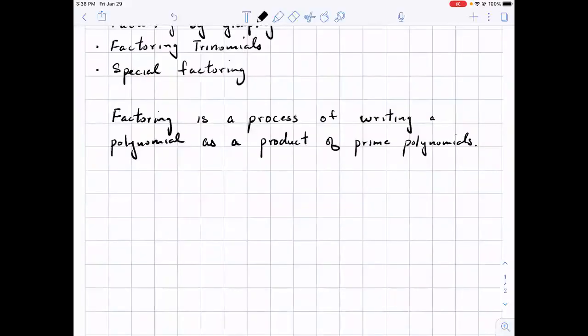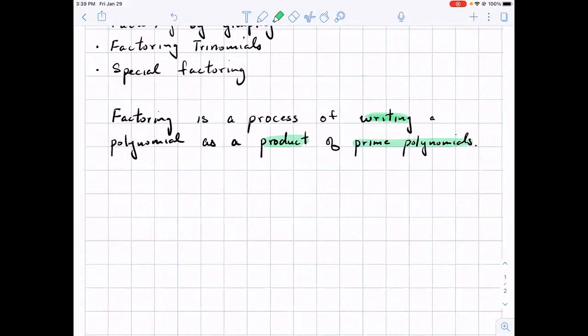So factoring is a process of writing a polynomial as a product of prime polynomials. So it is the way to rewrite or write as a product of prime polynomials. Okay. So we know what product is. Product is the multiplication. So we want to take a polynomial and rewrite that polynomial as a product of prime polynomials, meaning we want to take that polynomial and write it as pieces of multiplications.